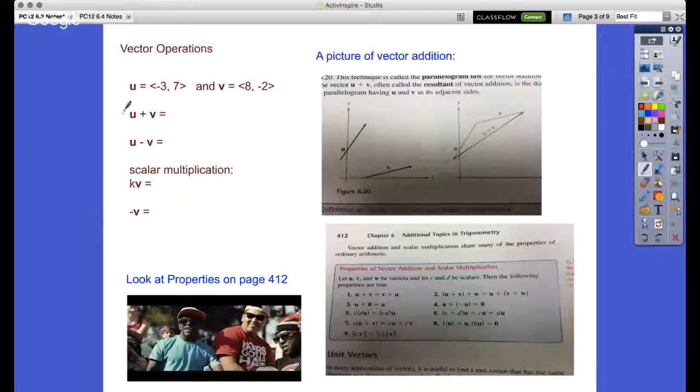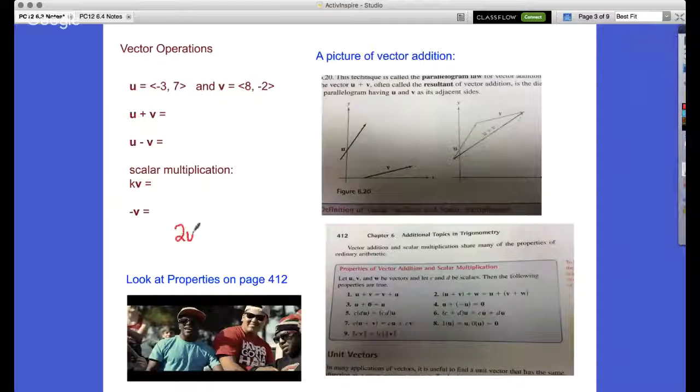Another thing that we can do, let's say if we had 2u plus v, we can multiply and then add vectors together. So in this case, I can multiply 2 times u. When I do that, in component form I get -6, 14 as my 2u. So I multiply 2 inside, and then I'm just going to add 8, -2 to it as well.